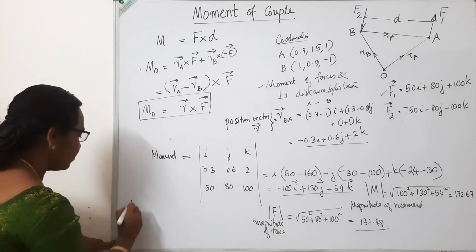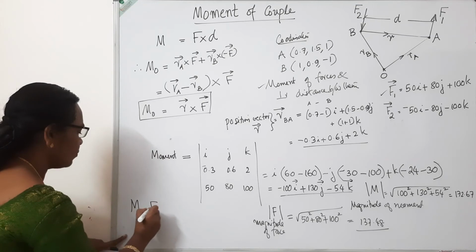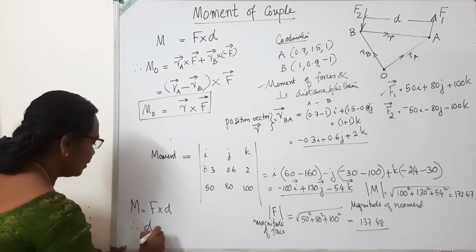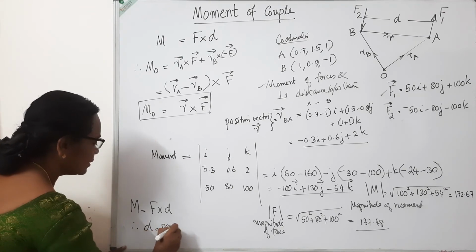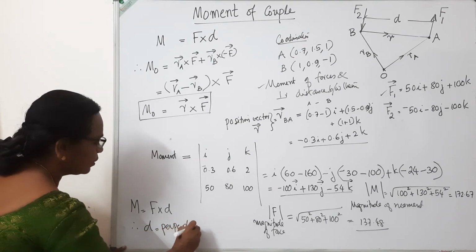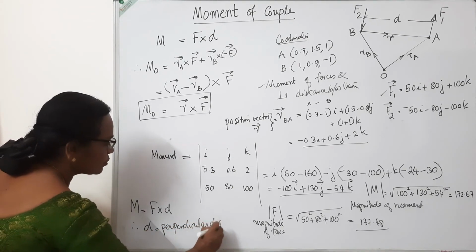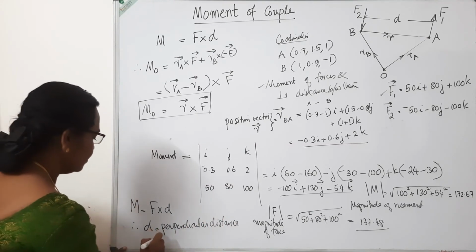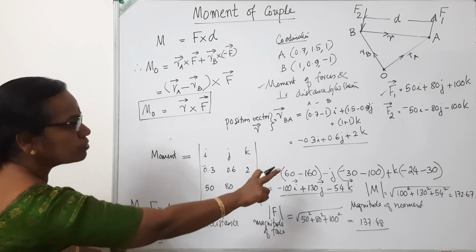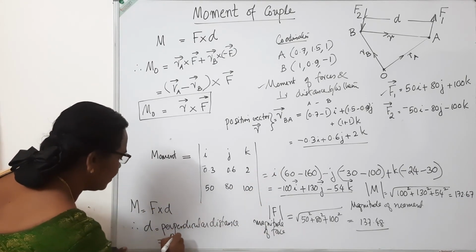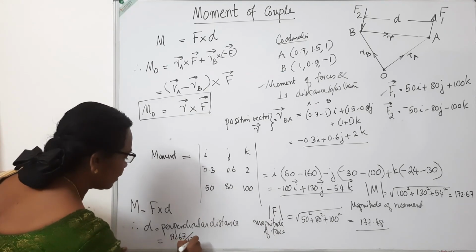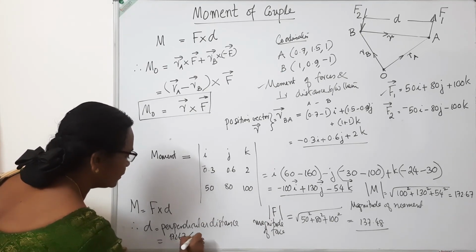So we have got the numerical value for the moment and the magnitude of force also. Now we have the scalar relation M is equal to F into D. Therefore, D, the perpendicular distance between the forces, is equal to M by F. M is equal to 172.67 divided by 137.48.